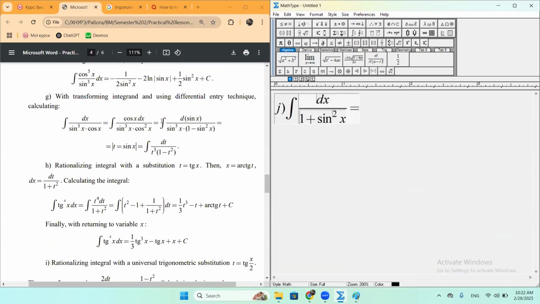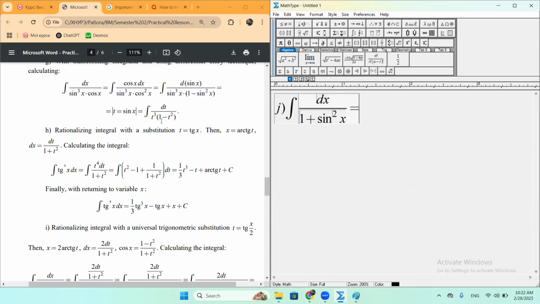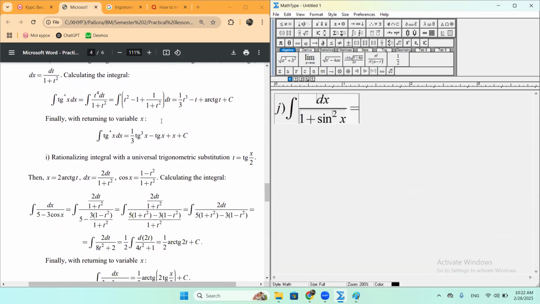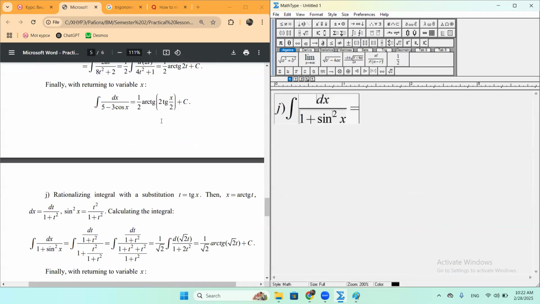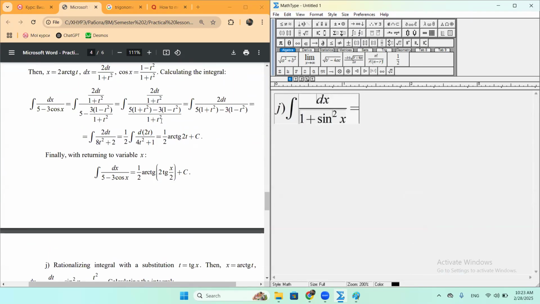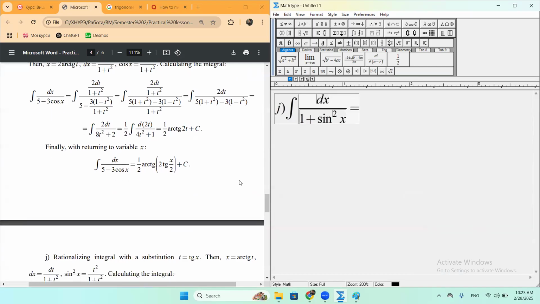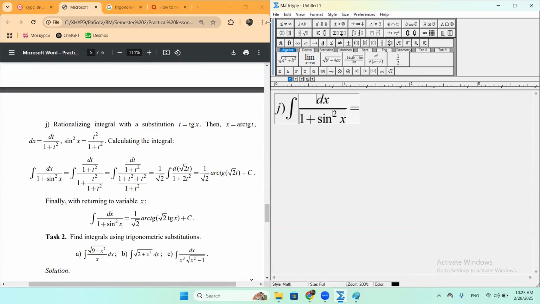In this situation, which substitution do I use here? We use another substitution. Let's look into this example and then have a break. Here I substitute another kind of substitution, t equals tangent of x.